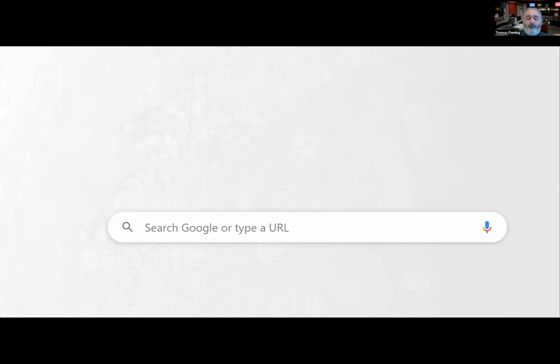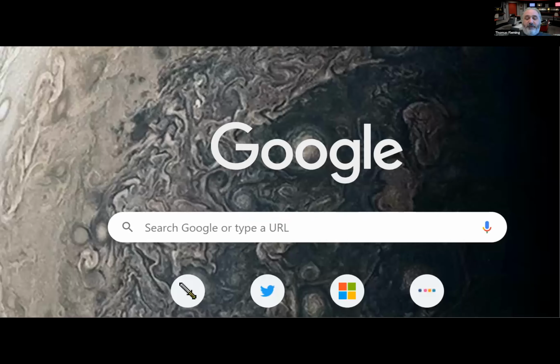So I've got my handy-dandy simulation. What did I just do? All right, try that again. I don't want to do a portion of the screen. I want to do the whole screen. There we go.